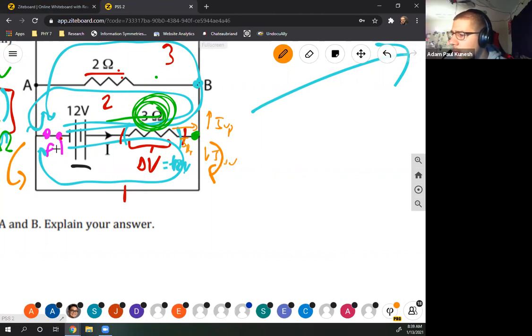However, in completing this first loop, we never actually need to use I lower because there are no circuit elements on this lower part of this branch. There are only batteries and resistors on the same little path here that are taking all the current exiting the battery.